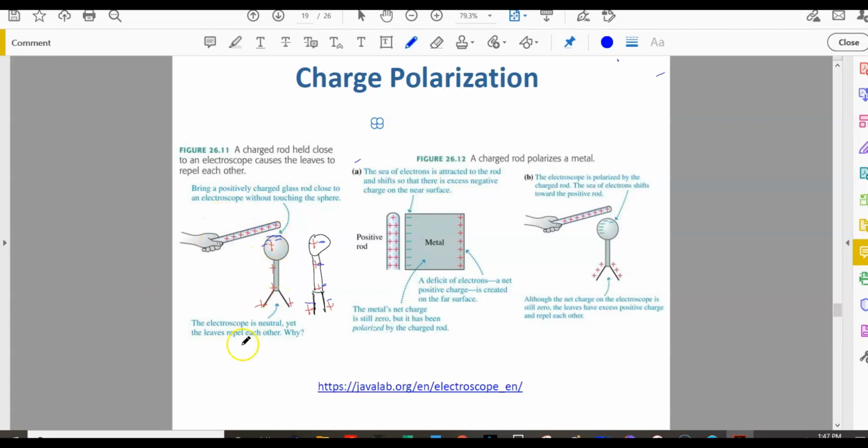Okay, and that's because of dipole polarization, but also because this is a conductor and the electrons can leave their valence bonds and travel to other parts of the object. And so here's, in the beginning it was like this, and then you brought the positively charged object close to it, and now all those electrons that were bound here are going to move up to the top here.